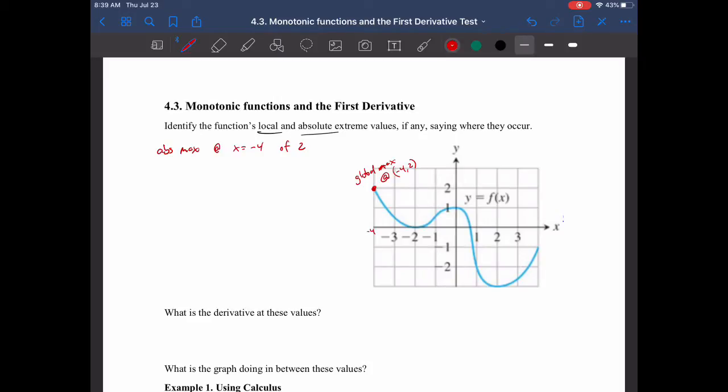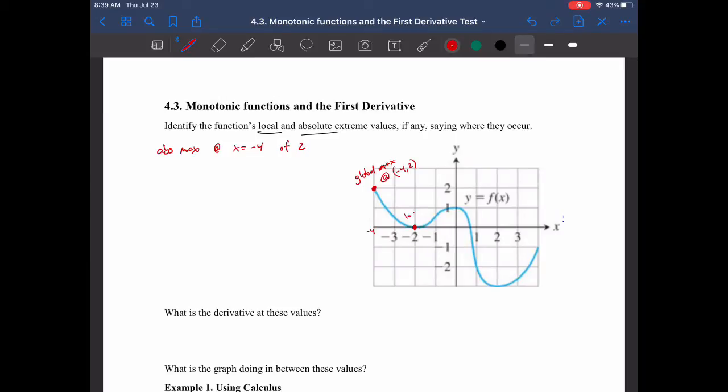All right, we can come along here and we see right here on both sides, if we were standing right there, either way we tried to walk, we'd be going uphill. That right there tells us this is at least a local minimum, it might be global. And since I can look over here and see other points that are all less than it, it can't be the global minimum.